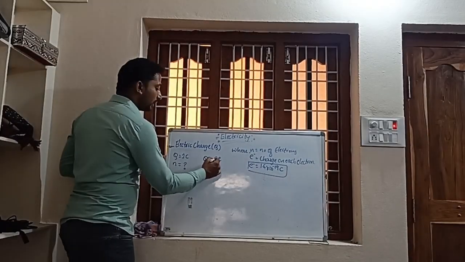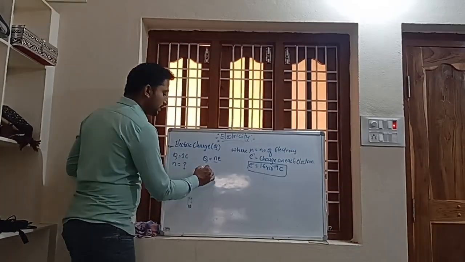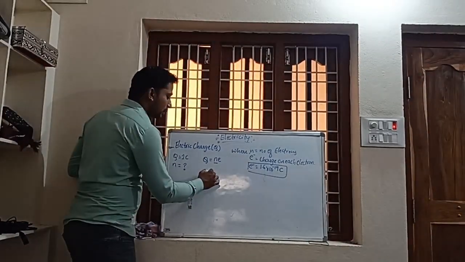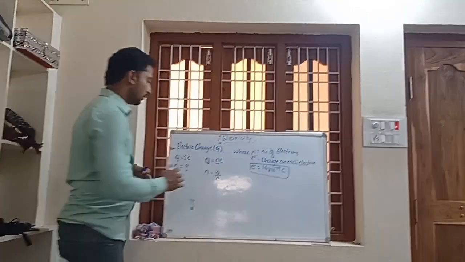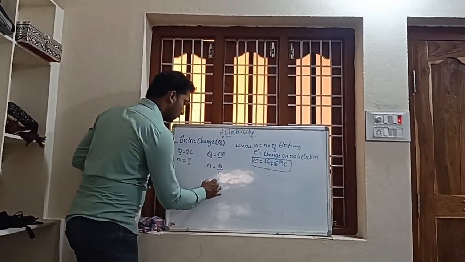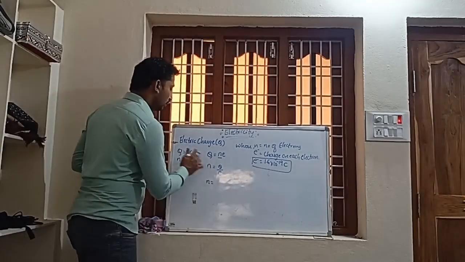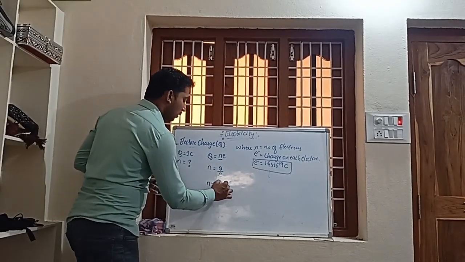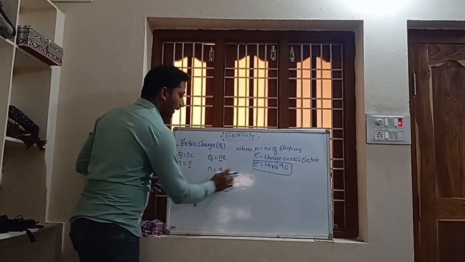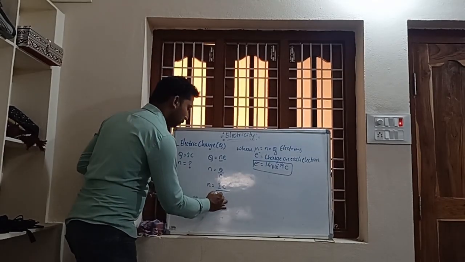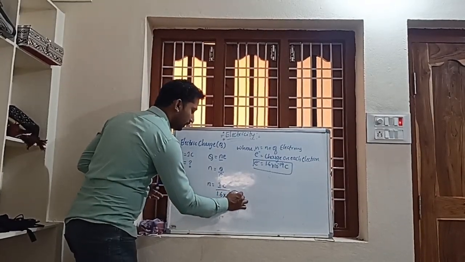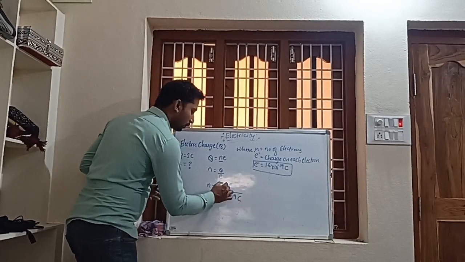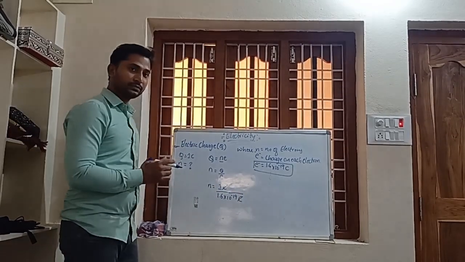If you want N, you can change the equation. So N is equal to Q by E. If you substitute the Q and the E value, Q is 1 coulomb, and E, which is fixed, is 1.6 into 10 raised to power minus 19 coulomb. Coulomb will get cancelled.